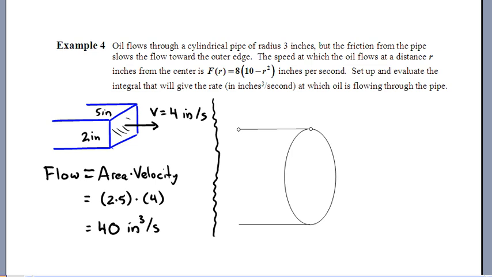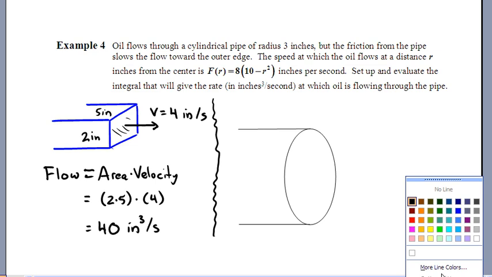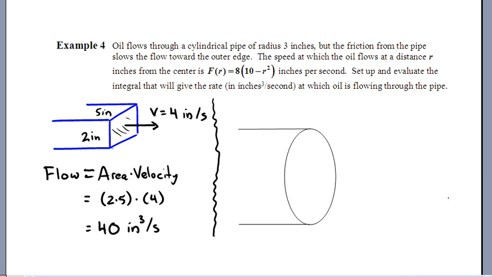But what we'll find is we actually have different flow rates depending on where you check. So this pipe has a radius of 3 inches, and if I check right in the center, where the r value, the radius for that spot, would be 0, if I put 0 into this, 10 minus 0 is 10, times 8 is 80. What you'll find is right here in the center, the oil is going to flow very fast. It's going to flow out at 80 inches per second.